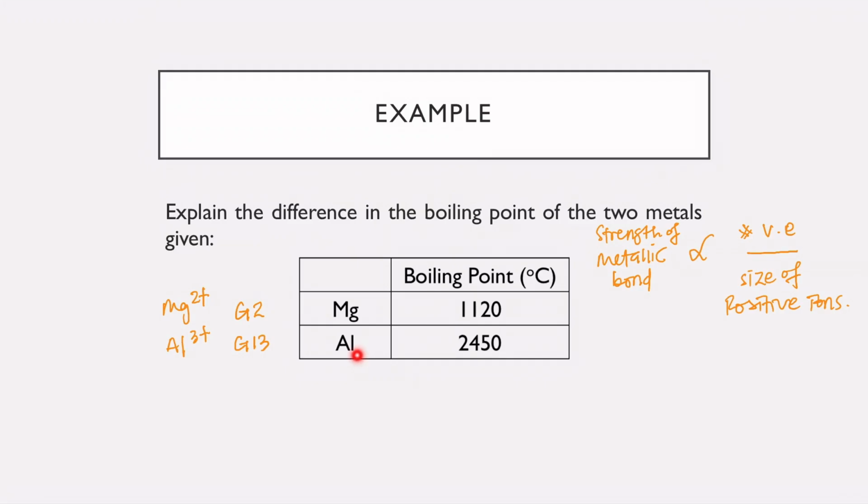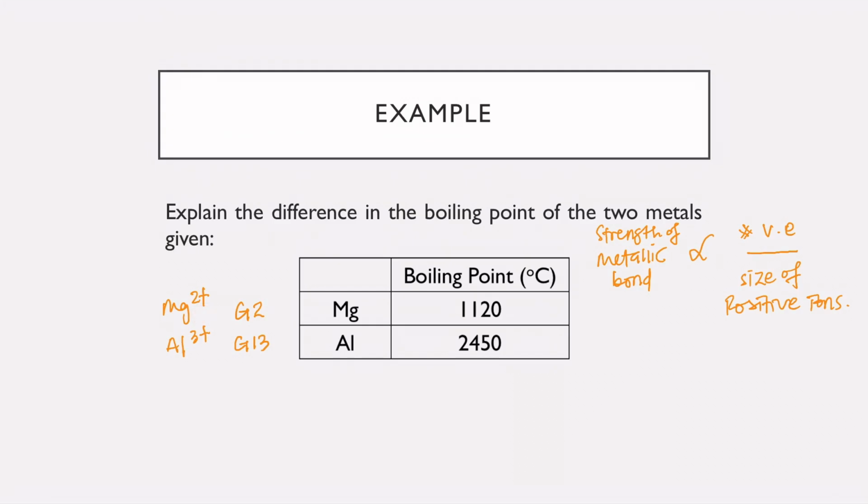So the strength of metallic bond in aluminium is stronger than in magnesium, because aluminium has 3 valence electrons and a smaller cationic radius, while magnesium has only 2 valence electrons and a larger cationic radius.